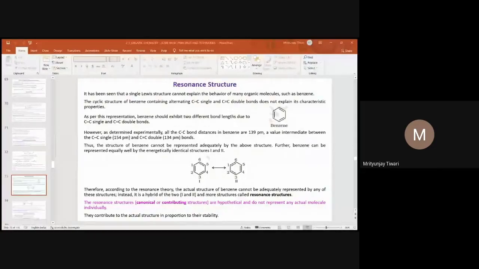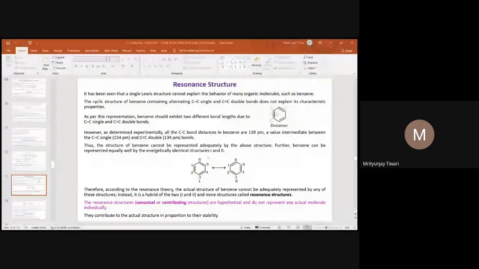Or if there is an anion having a negative charge or two negative charges, this charge will also be kept fixed in all the resonating structures, and similarly for cations. So the net charge in the different resonance structures is not going to change.